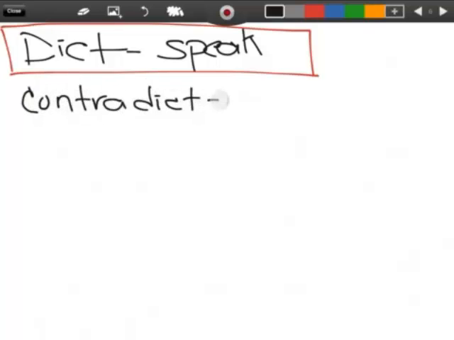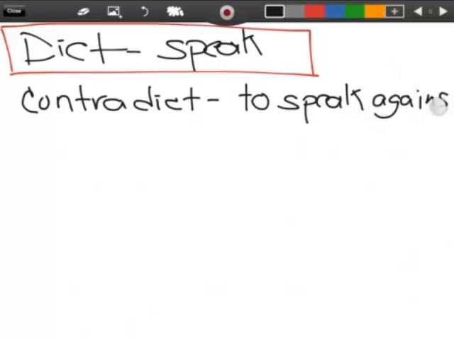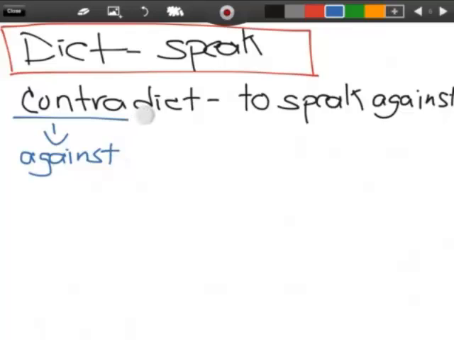Contradict, meaning speak against. As we all know, contra means against, and dict means to speak, meaning to speak against.